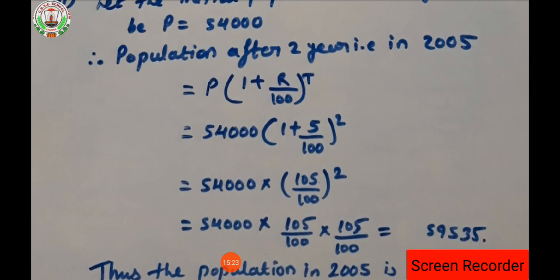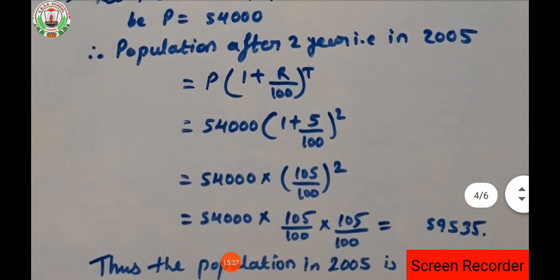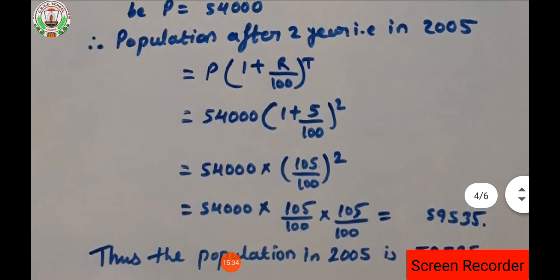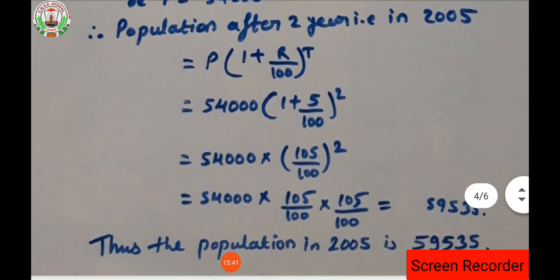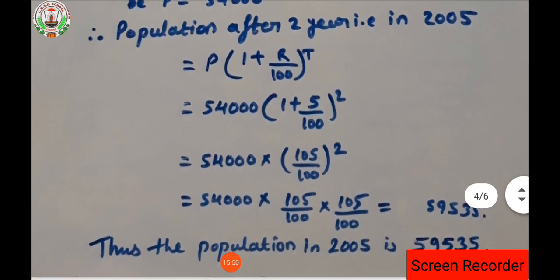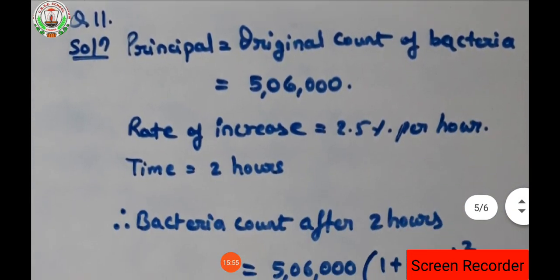So the population in 2005 is equal to P into 1 plus R upon 100 whole to the power 2, where P is 54,000 into 1 plus 5 upon 100 whole to the power 2. Then we solve it and we get the population as 59,535 in 2005. Clear everyone?